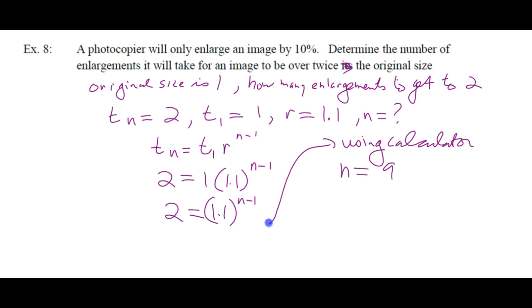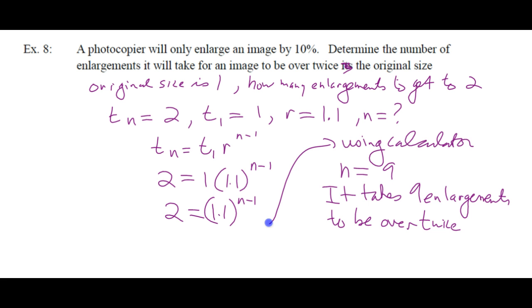So we need 9 enlargements. It takes 9 enlargements to be over twice its original size.